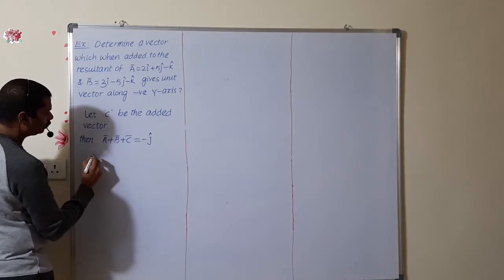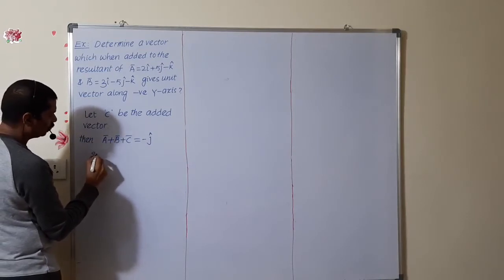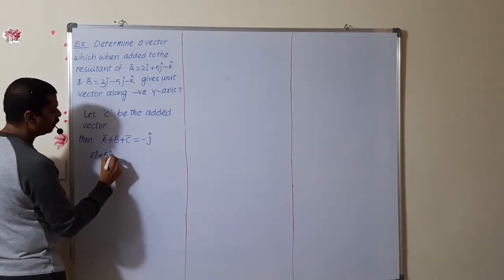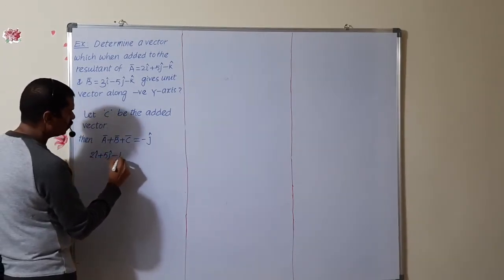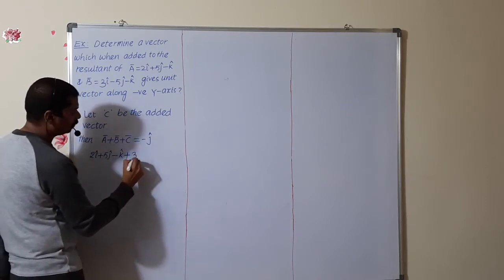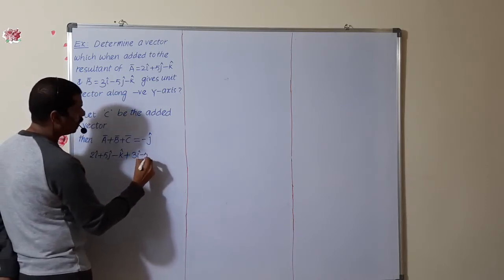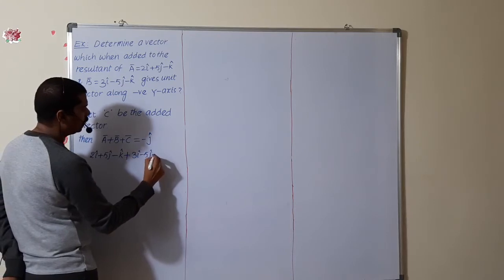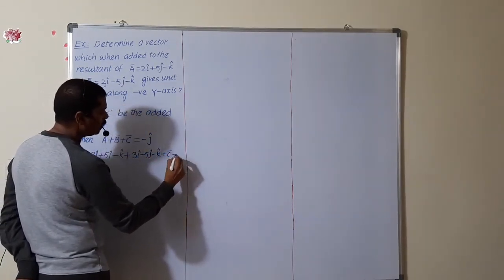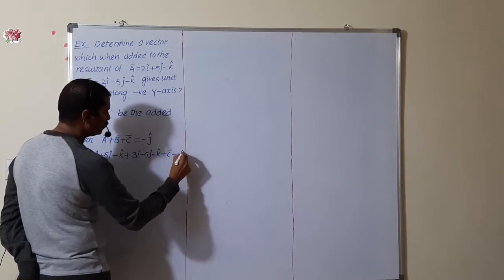Now we write the formula: 2 i cap plus 5 j cap minus k cap, plus b vector 3 i cap minus 5 j cap minus k cap, plus c vector is equal to minus j.